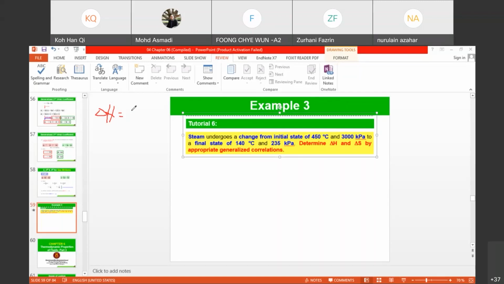So if you do the hypothetical path, it is going to be like a triangle, the hypothetical path. Delta Hig plus delta HR.